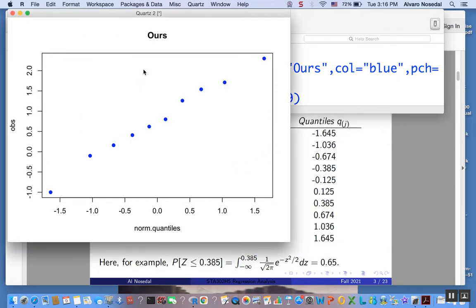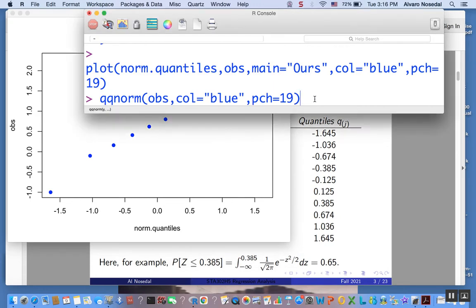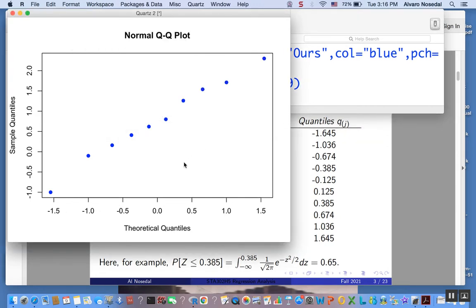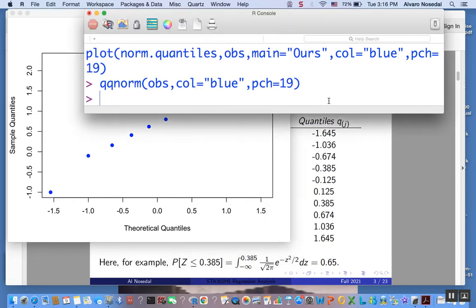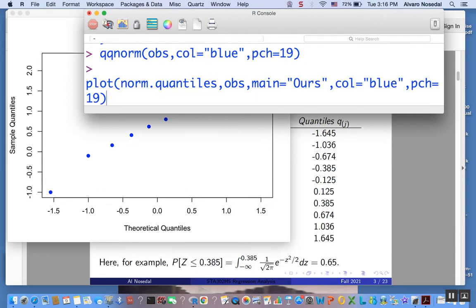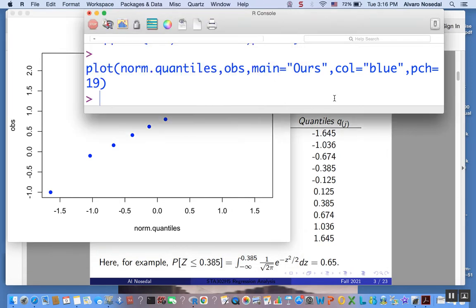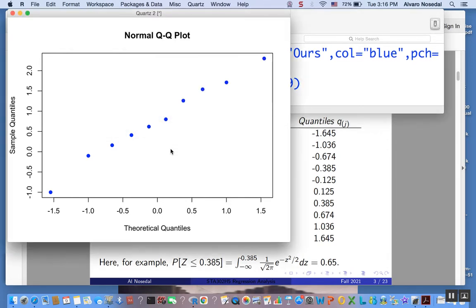See, this is ours. And that's what R does. Here we have the theoretical quantiles, here we have the sample quantiles. Make sense? So it looks exactly the same. That's ours. And that's using that built-in function.